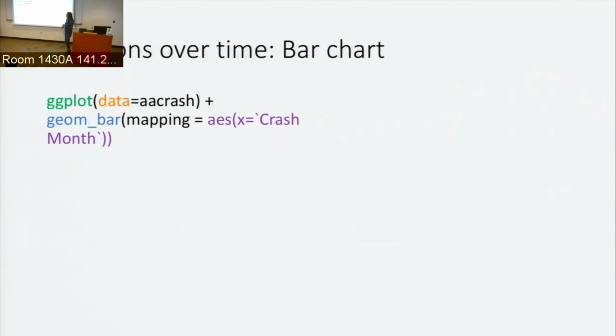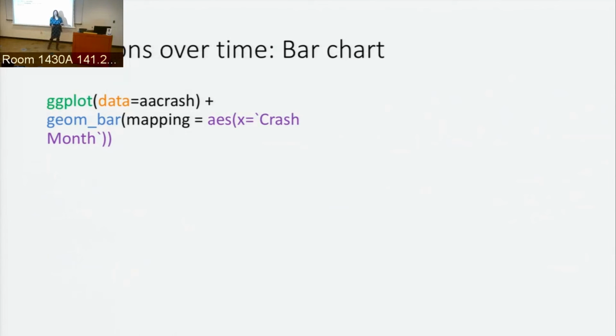Okay, so we're going to start by making our first data visualization in ggplot2, and we're just going to make a simple bar chart. And in this case, we're going to start with that command ggplot, and AACrash is the name of your data set. So if you called it something else, use that name. But this is the data that's been imported already, so it knows what AACrash is. So you'll type that, and then plus is every time you add a layer.